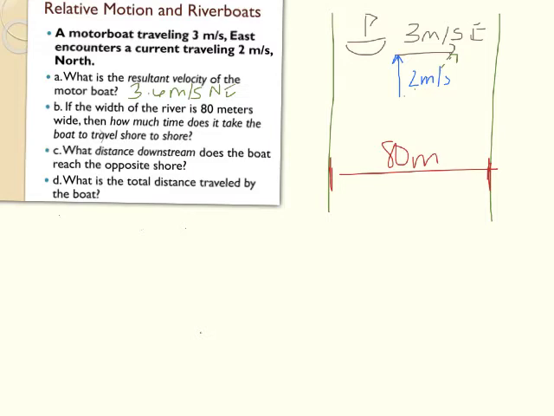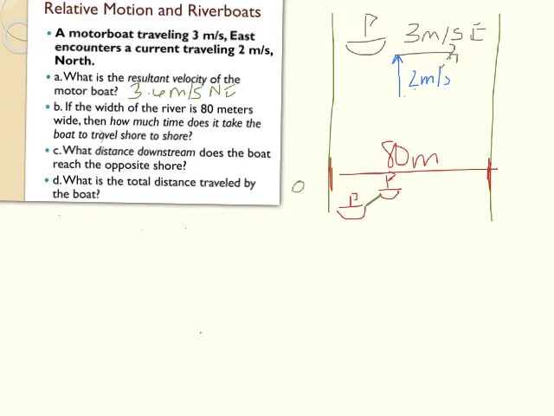Alright, so the hard part to these sorts of problems is knowing which velocity to use where. So if you think about your boat, and if your boat started down here, in 1 second, it's going to be, say, about here. And what's literally happening in that 1 second, the boat itself is moving like this.